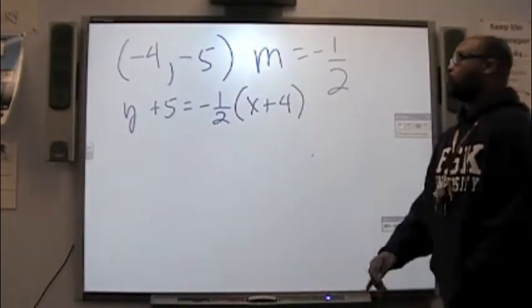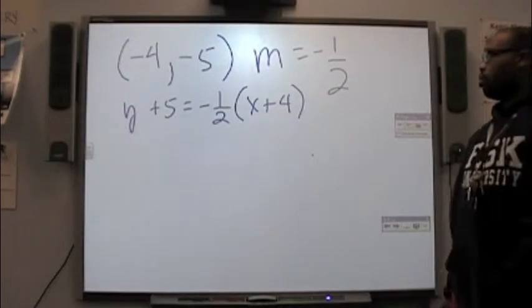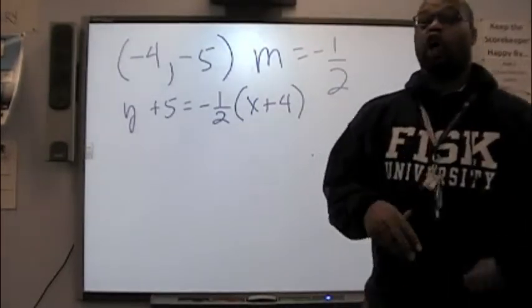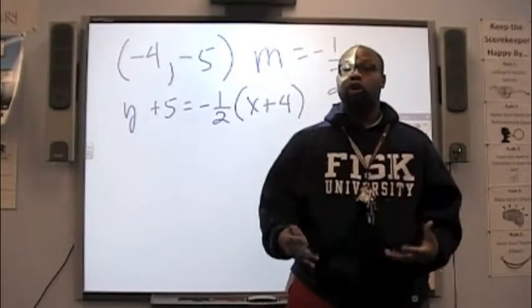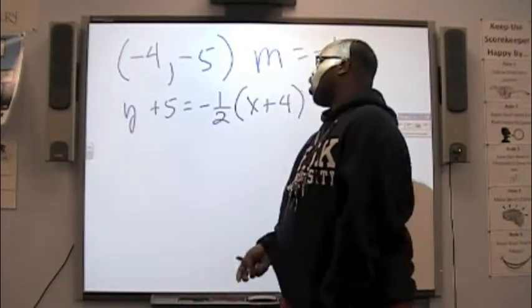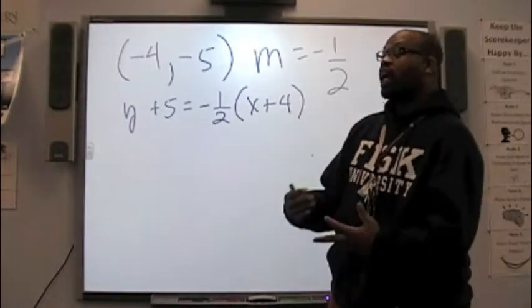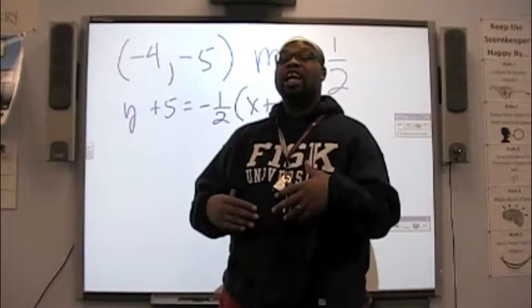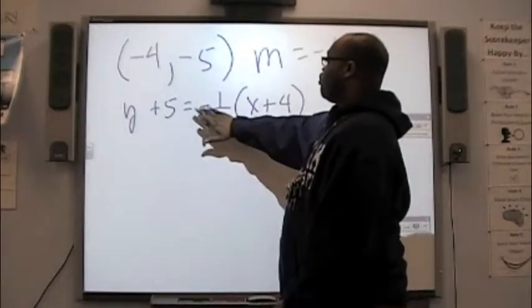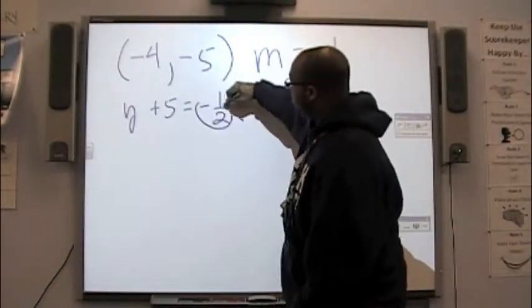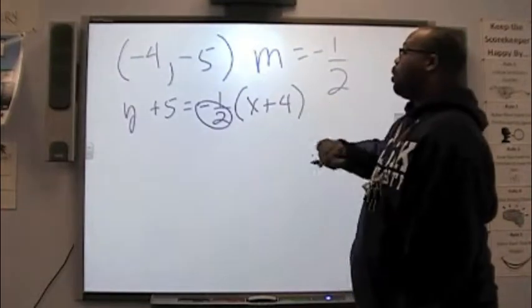Now it's in point slope form, but I need to put this in standard form. Remember, in standard form, there are no rational numbers, meaning no fractions, no decimals, only integers, and for a specifically, only a whole number. I'm going to multiply not just 2, but a negative 2 on both sides of this equation.